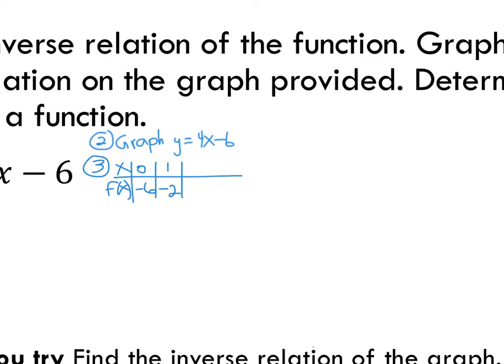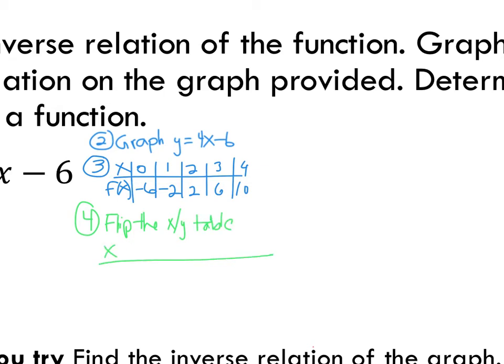When x was 2, y was 2. And we graphed 3, positive 6. And we also graphed 4, 10. Remember, with inverse, you're going to flip the position of x and y. So we're going to flip the xy table to get the inverse.